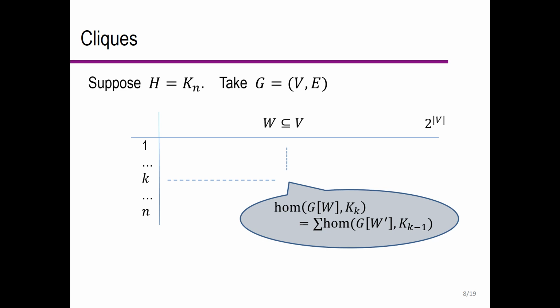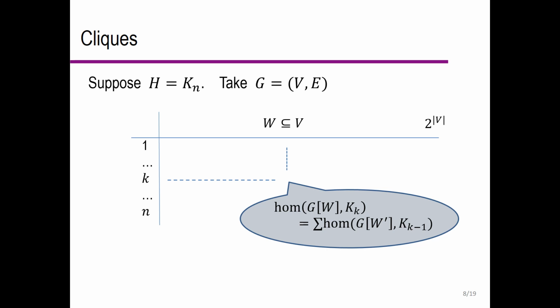Okay, so for any such partition, two things may happen. Firstly, it may happen that the complement of W prime is not an independent set, and therefore such a homomorphism is impossible. That's just a bad partition. And in this case, this partition will contribute 0 to the total number of homomorphisms.